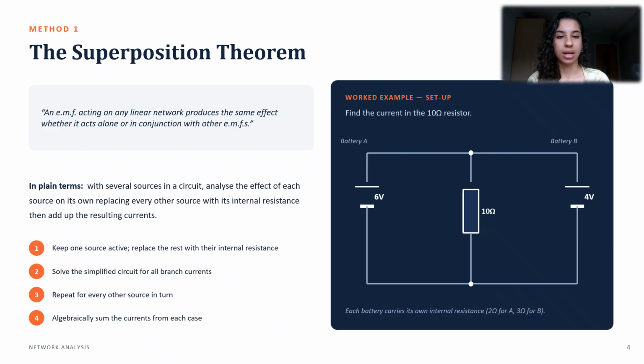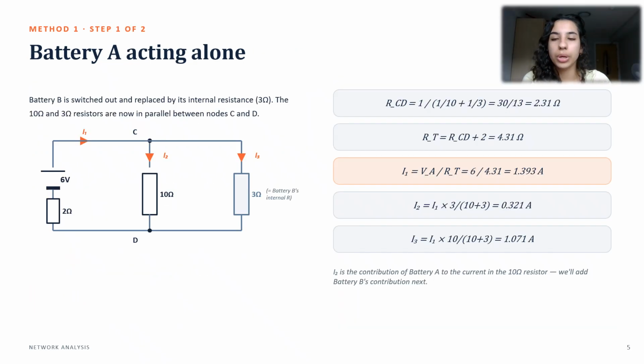We also have to add another resistor, which symbolizes the internal resistance of that battery. So we redraw the circuit by removing battery B, and we keep the internal resistance. I actually put the values of the internal resistance on the previous slide. I'm really sorry I didn't mention that. So this is what we end up with.